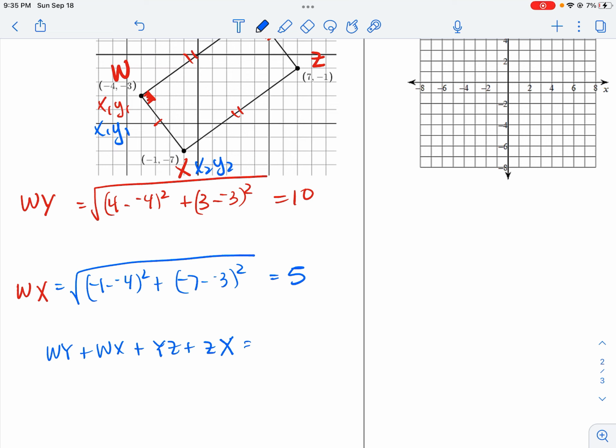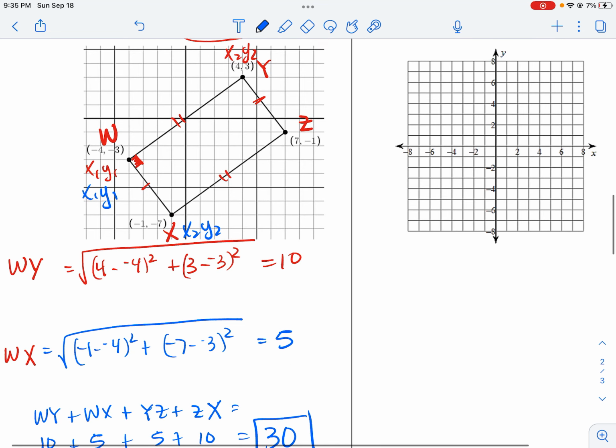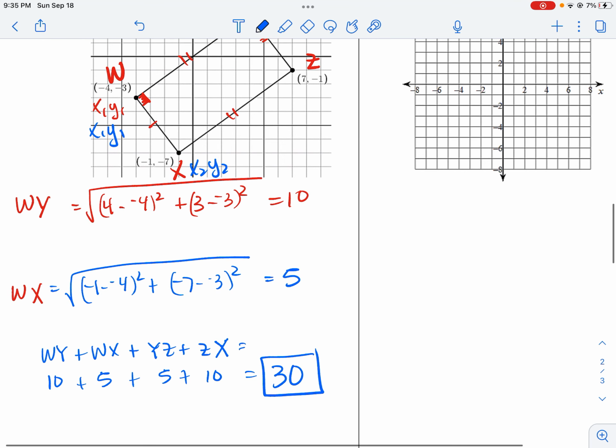This is 10. This is 5. This is 10. This is 5, and this is 10. So we have 30. Now it says 1 decimal, to the nearest tenth. Just make sure that you check whether we want 30 or 30.0, especially on tests.